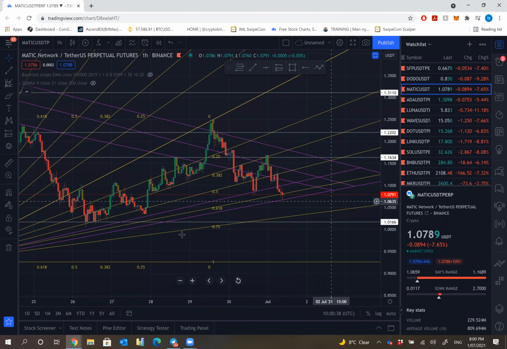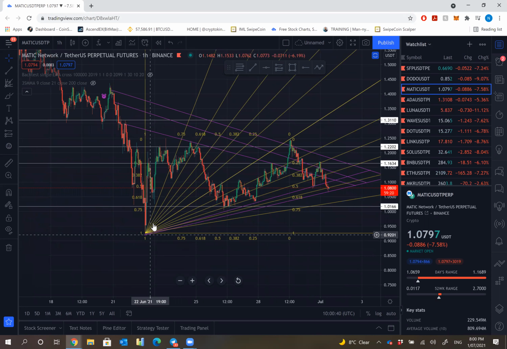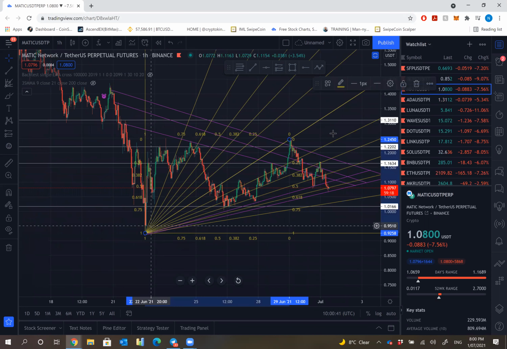So I just use my fib fan only for extra confirmation on the trends of the coins. You can use your fib fan from the bottom to the top, or you can actually use it from the top to the bottom as well.